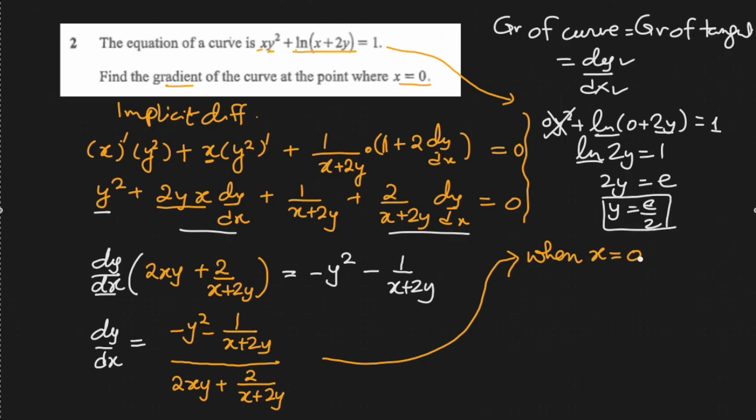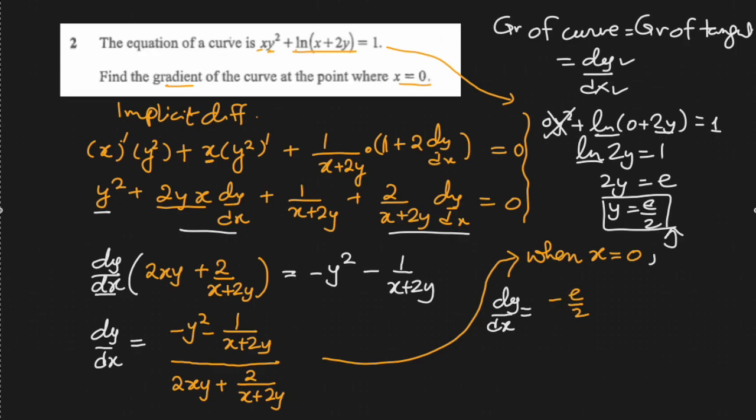So when x is 0 and y is this, what will be dy over dx? And we will just write it here, dy over dx, which is the gradient of the curve at x equal to 0, will be minus y square, no, minus is not part of it, so I'll have to get rid of brackets.